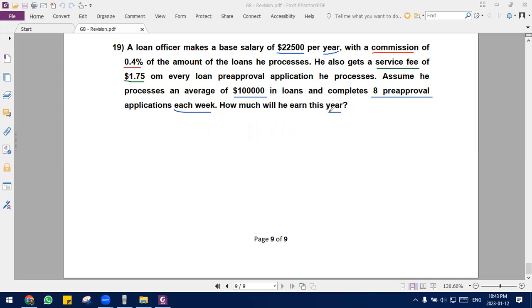So as you see here, we have some differences in the unit. We have year, and here they are giving me for each week. So we need to find how much. They give me the amount that he's getting in a week. I need to multiply it by 52 because in a year we have 52 weeks. So first, let me do the commission.